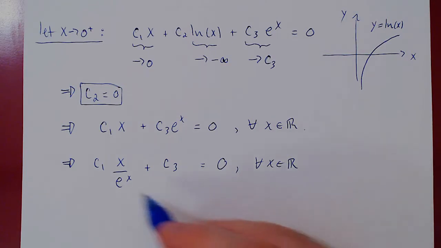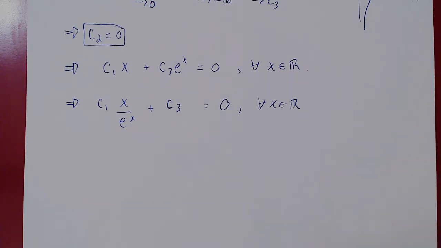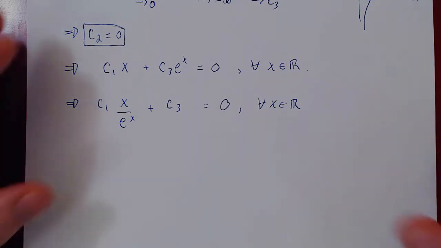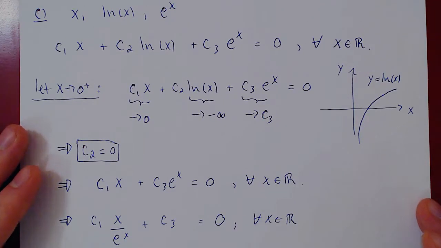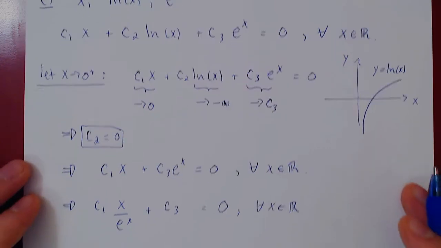And once again, we're going to let x approach positive infinity. Not once again, sorry, we haven't done this before. This will be a first time. We've let x before approach 0. Now we will let x approach positive infinity.